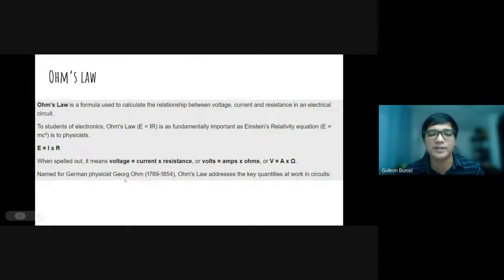Named for German physicist Georg Ohm, 1789 to 1854, Ohm's law addresses the key quantities at work in circuits. Again, if you want to find the voltage, you need to multiply the given current and resistance of the circuit. Okay?